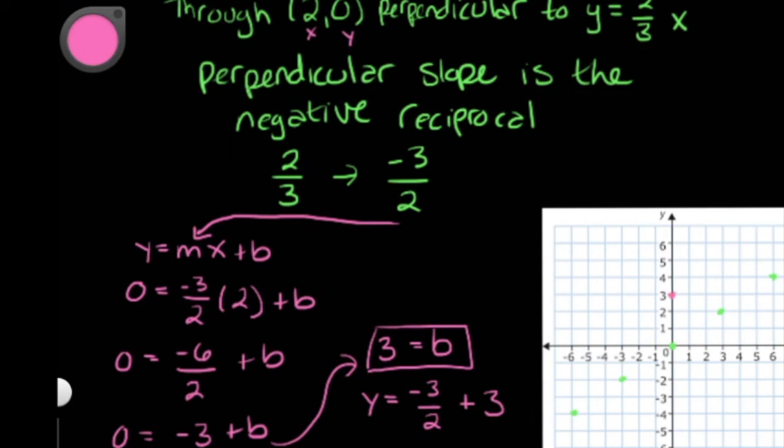And we have a slope of negative 3 over 2, which means we have to go down by 3 and over by 2. So 1, 2, 3, and over by 2. Again, down by 3 and over by 2, down by 3 and over by 2.